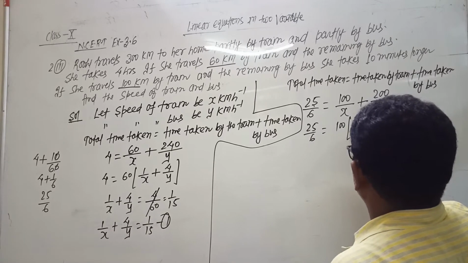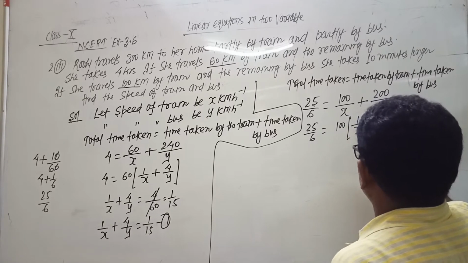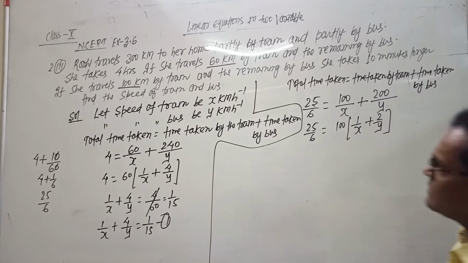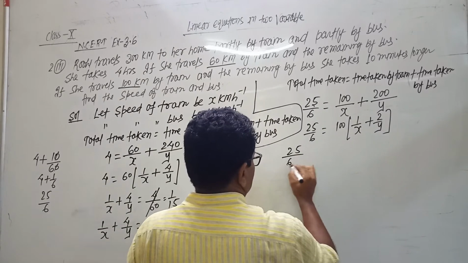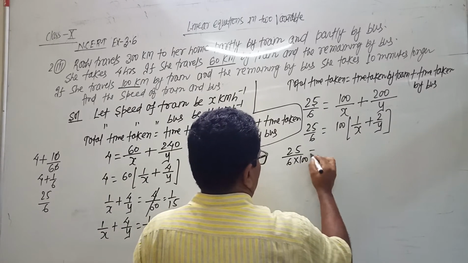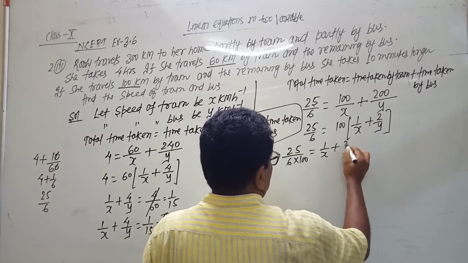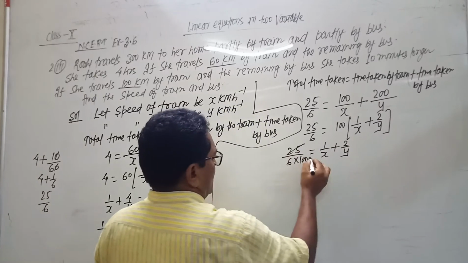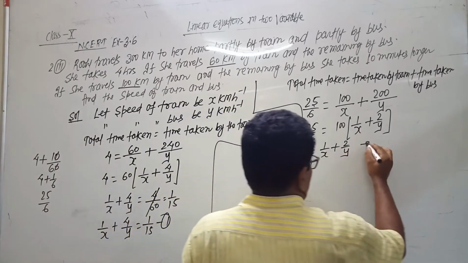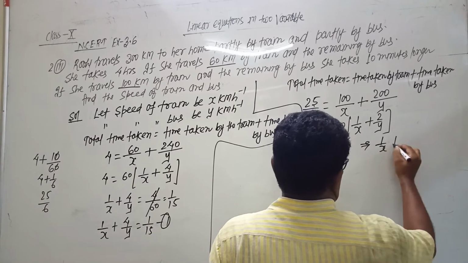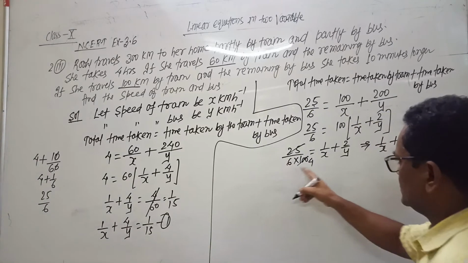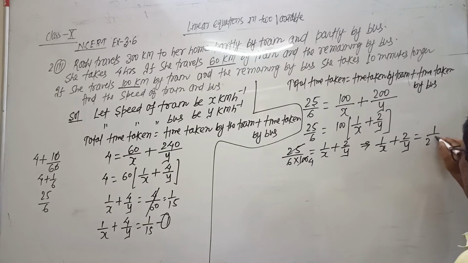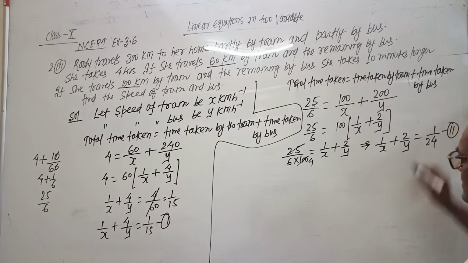So it gives 1 by x plus 2 by y, and the result is 25 by 6 divided by 100, which gives the second equation: 1 by x plus 2 by y equals 1 by 24.